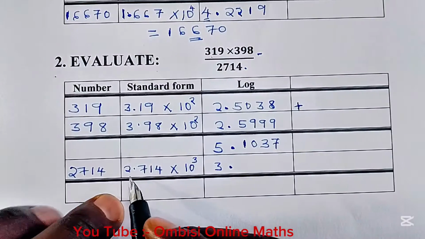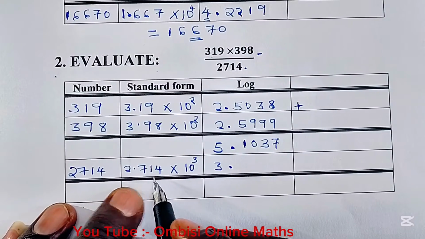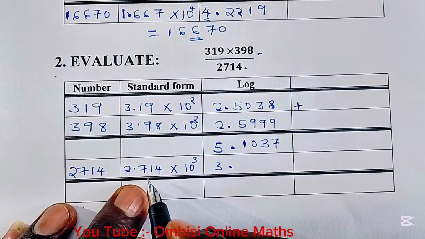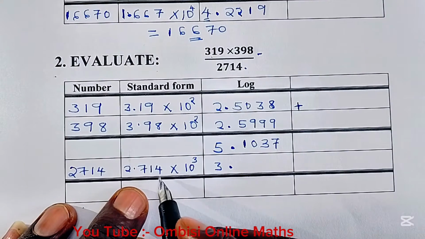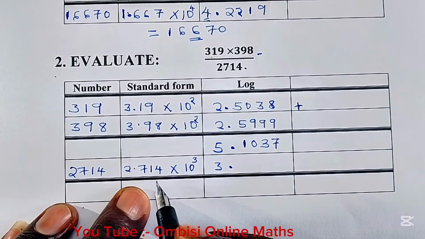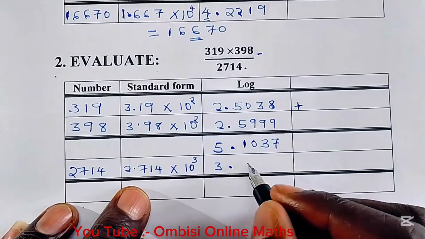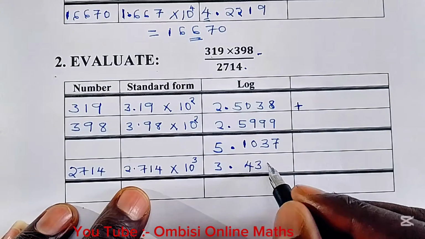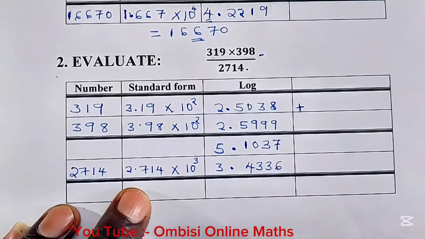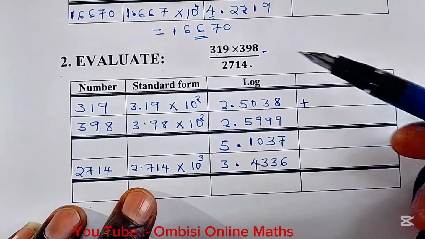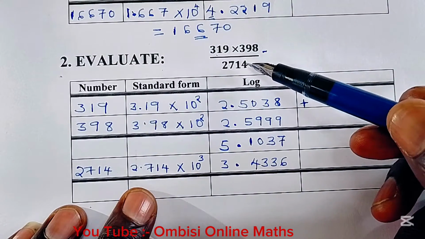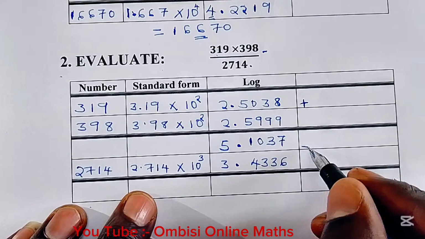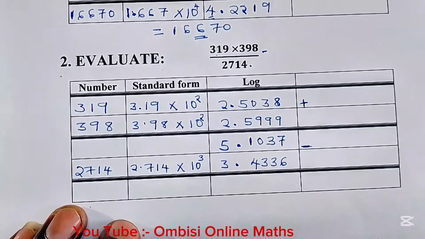Look for the logarithm of 2.7 in the column of 1, then add what is in the column of 4, and in this scenario you get 4336. Now because the numerator is being divided by the denominator, you are going to subtract these two numbers.